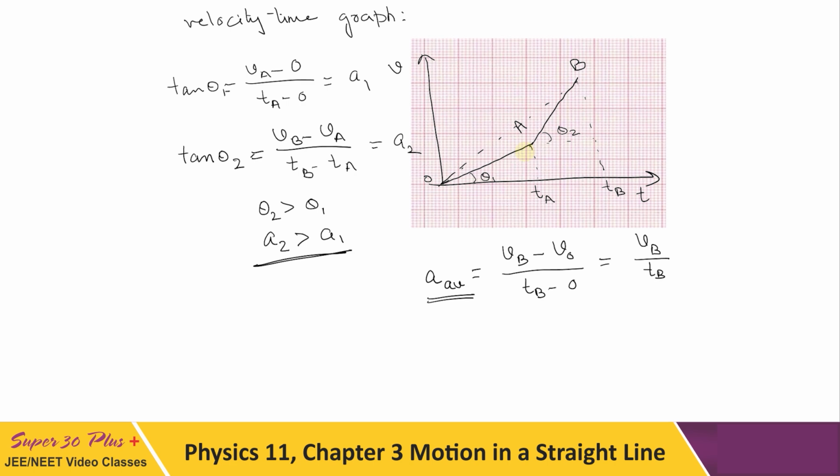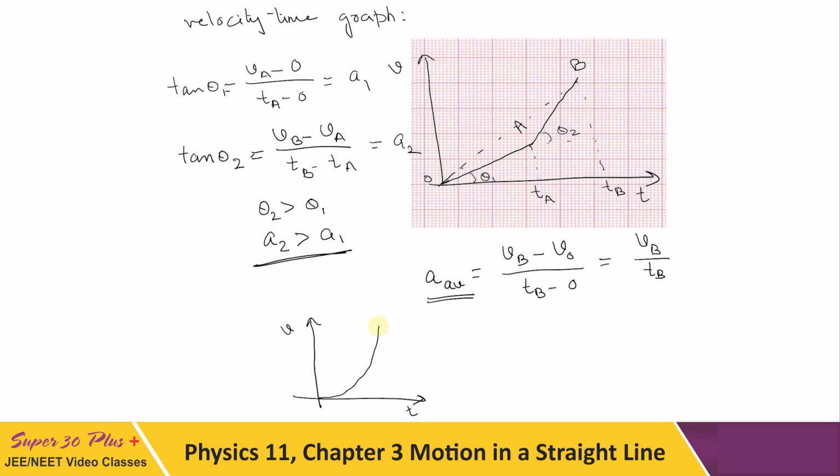Another case we can consider is where velocity is drawn with time like this. In the previous example, velocity with time was linearly increasing. Here, velocity is increasing with time, but not in a linear fashion.